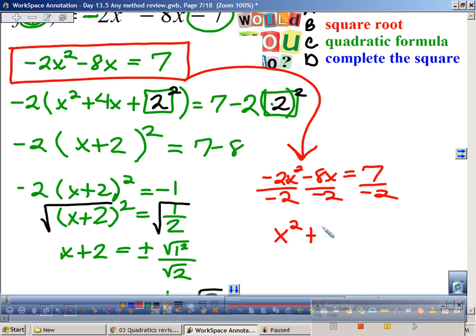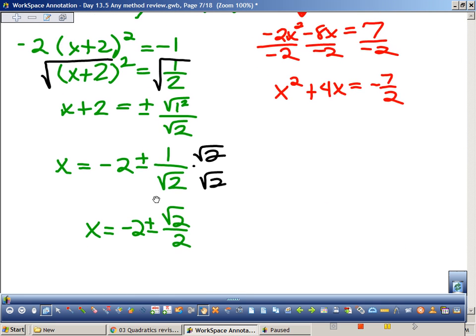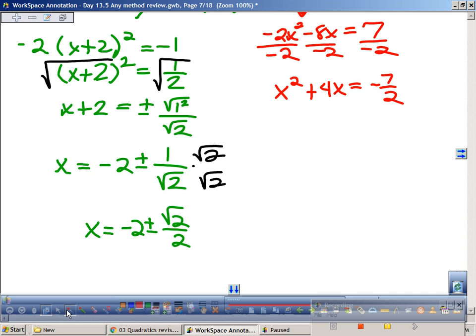Negative 8 divided by negative 2 is positive 4x equals negative 7/2. Now you're dealing with a fraction, but let's see if it gets any easier by doing this. Do you guys see what I did? Aren't I allowed? I could multiply everybody by 1,000 if I wanted to, and it would be equivalent, as long as you do it to everybody. So I divided by negative 2 to everybody.